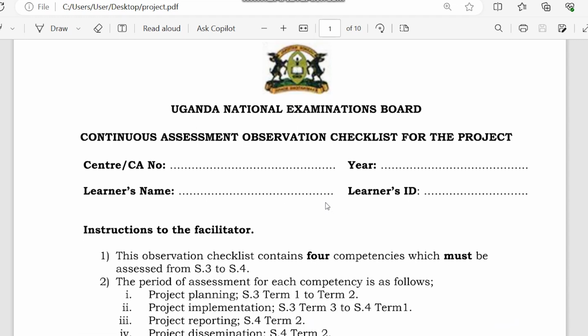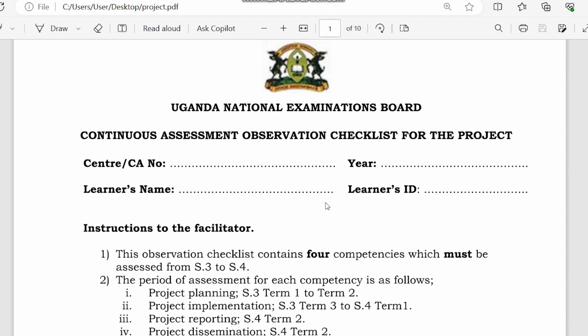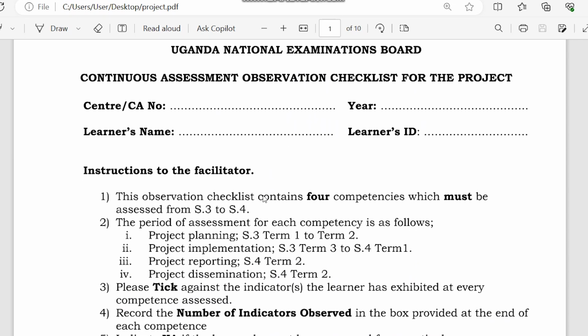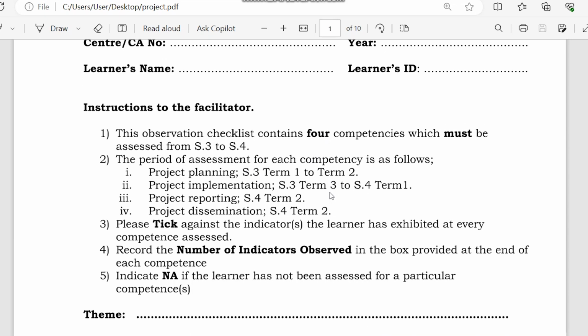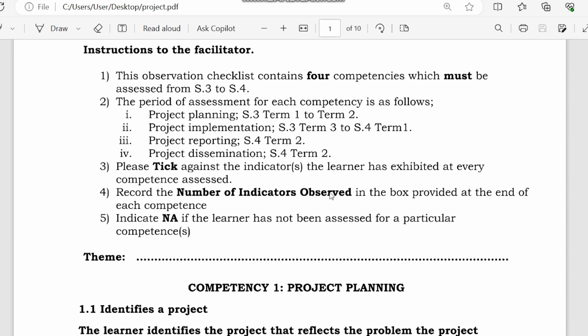First, I'll quickly take you through the observation checklist that is provided by UNEV, and it looks like this. These particulars are supposed to be filled, and then my interest is going to start from the instruction to the facilitator. The observation checklist contains 4 competencies which must be assessed from Senior 3 to Senior 4, and the period of assessing has been broken down here.